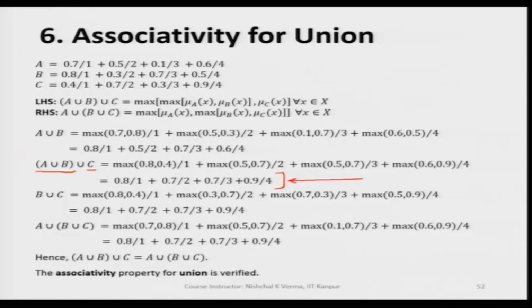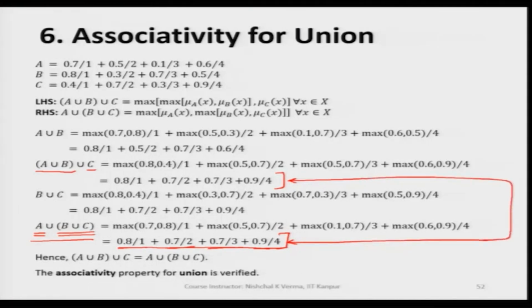And when we find the A union, the fuzzy set which we have got as a result of B union C, if we take this, we get the outcome here as 0.8 oblique 1, 0.7 oblique 2, 0.7 oblique 3, 0.9 oblique 4. So, if we look at these two outcomes, we see that these two are equal, these two are same.